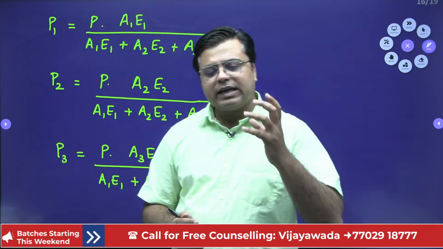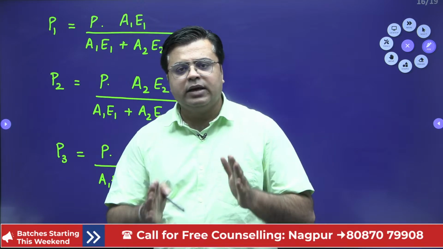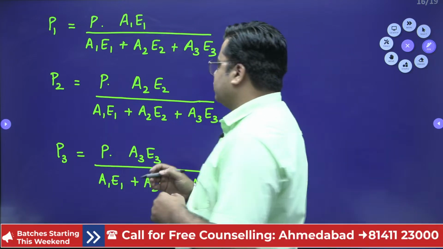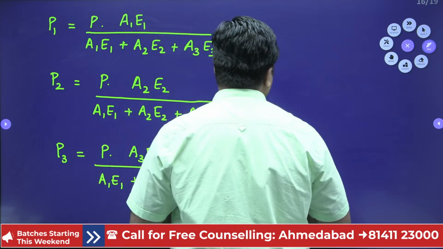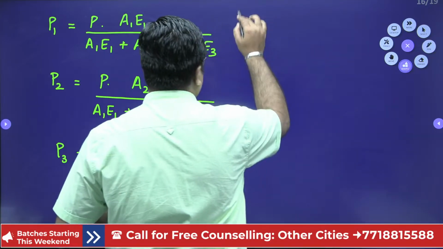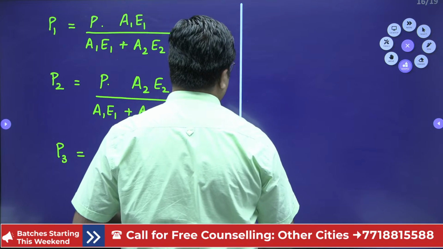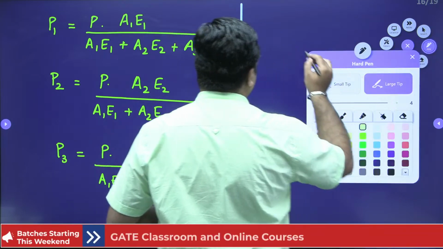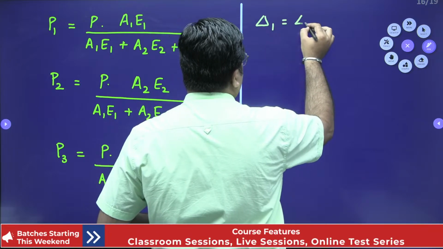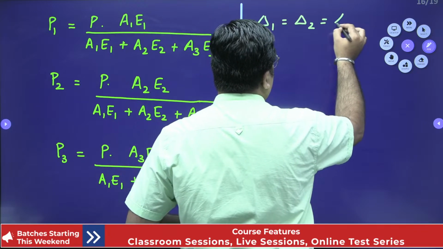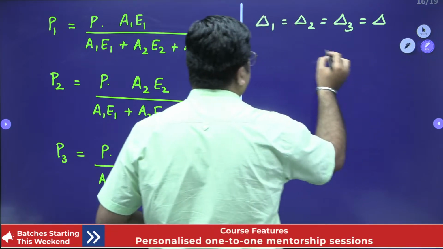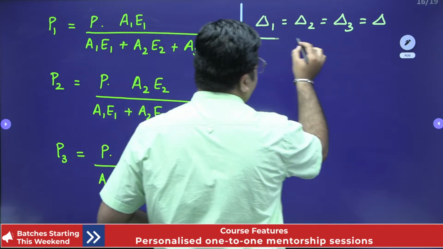So if the bars are connected in parallel, the first thing is the total deformation of all the individual members will be same. So I'll write here individual deformation will be same. So your individual deformation delta 1 will be equal to delta 2 equal to delta 3 is equals to total delta, right?